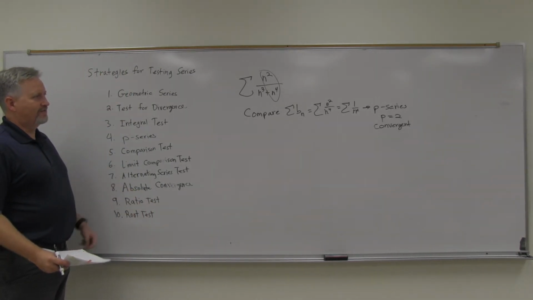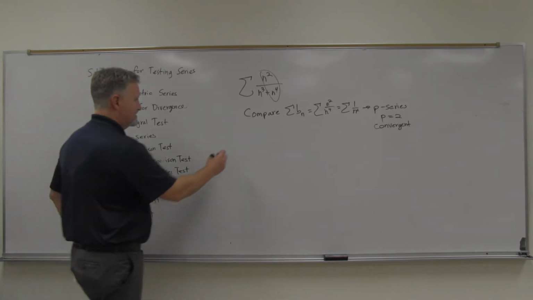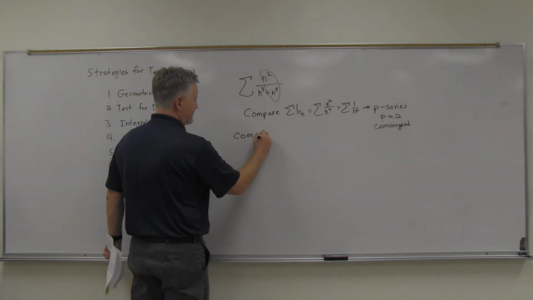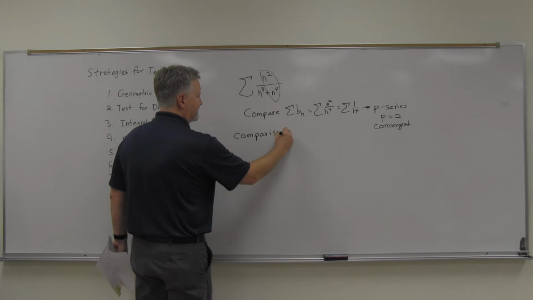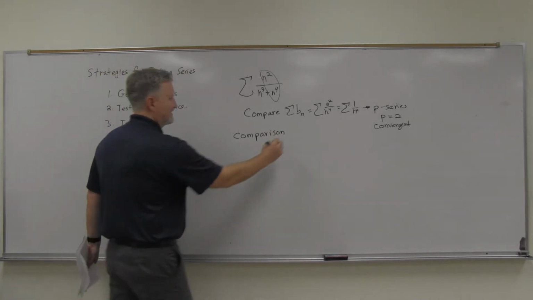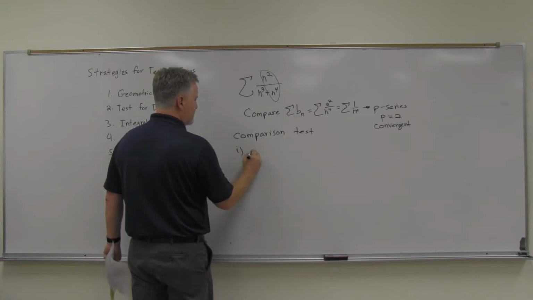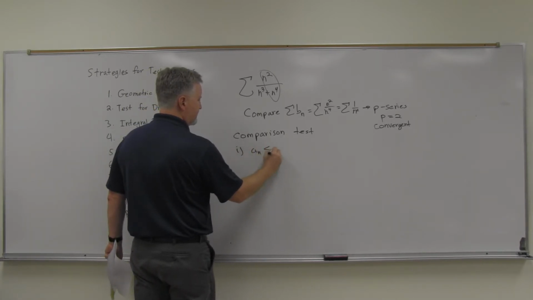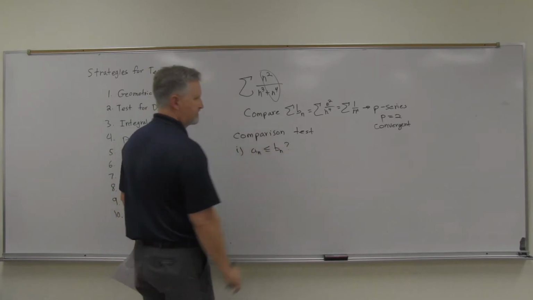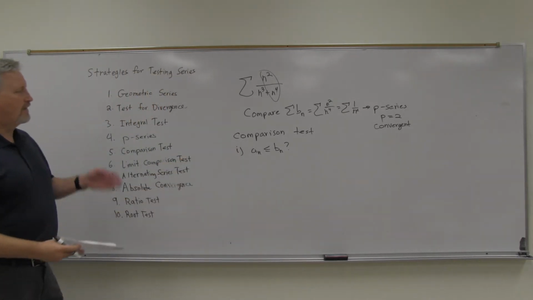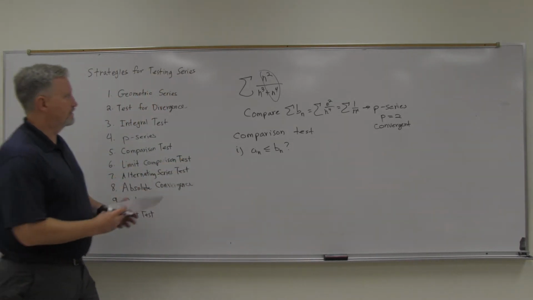All right. So, yeah, use the comparison test again. Do the limit comparison, but let's try the comparison test one more time here. So I would need A sub n again less than or equal to B sub n. Since it's convergent B sub n, I would need the A sub n's less for this to work.